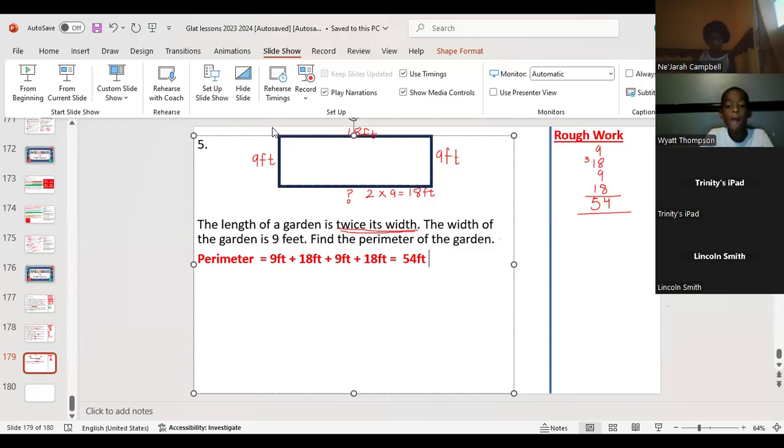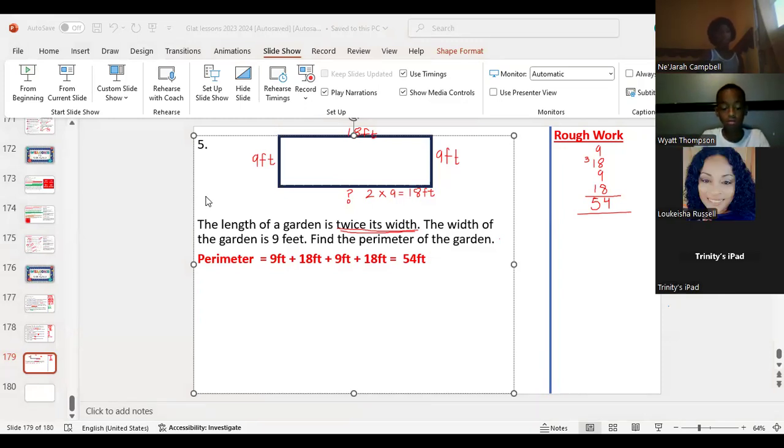Do y'all understand this? Let me know if y'all understand this, please. Yes, sir. Wyatt, do you understand this? Yes, sir. Madeline, do you understand this? Yes, sir. And Kylie, do you understand this? Yes, sir.